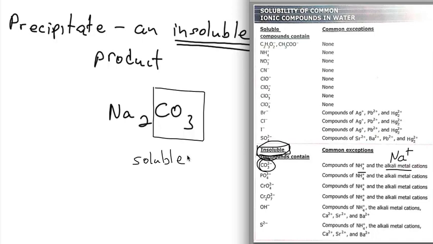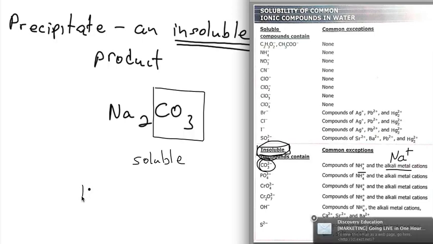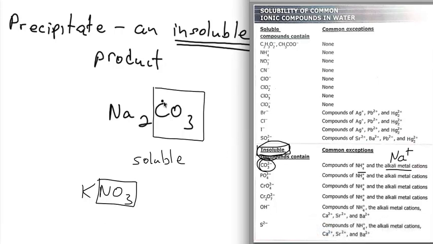Let's do another example. Let's say that we had potassium nitrate. You need to go and look for the negative nitrate in our list. You're always looking for the second one first, because that's what our basic compounds are organized by, the anion. So go and look for nitrate. There it is right there. The rule for nitrate is that nitrates are soluble.